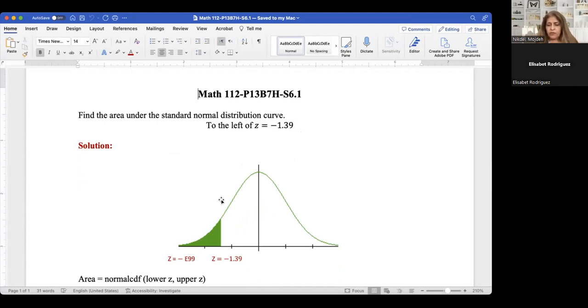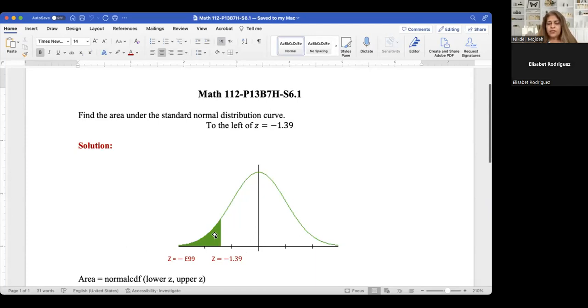Again, I draw my bell curve and draw the line exactly in the middle. That's the 0 line. Negative 1.39 is on the left side. This is negative 1, that's negative 2. I go beyond negative 1. Suppose this is negative 1.39. I just put the line there, and I have to shade to the left of this line, so I go all the way to the end.